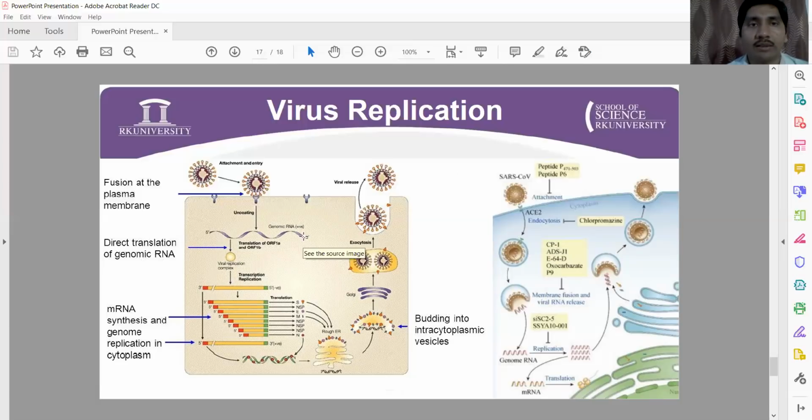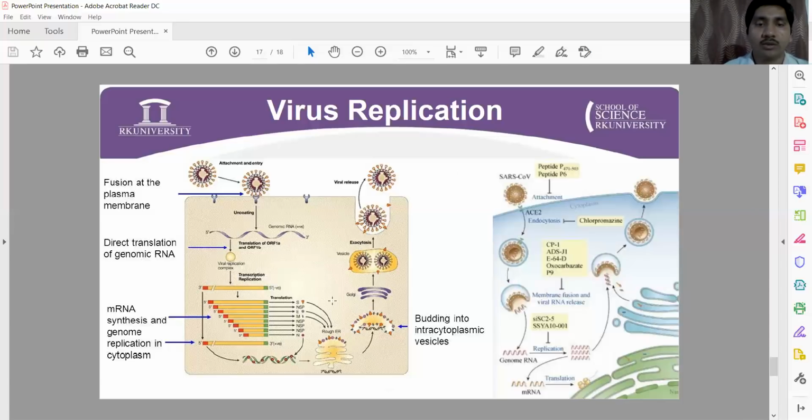Because the RNA is positive sense RNA, so it must be converted into cDNA, from which the mRNAs will be generated. They will be again the positive sense copies, and these positive sense copies will be packed into individual virions, making it a complete virus structure.